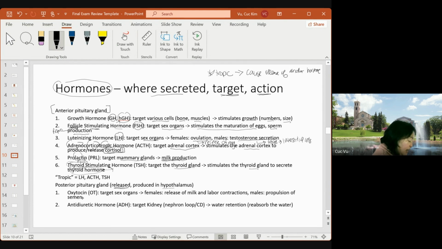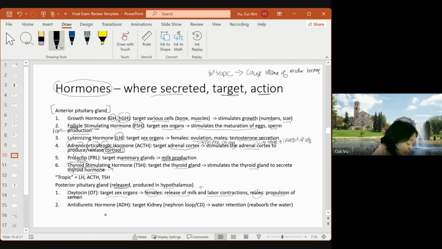Oxytocin is one of those. Like we talked about before, oxytocin targets the sex organs, both male and female. In females, it's going to cause the release of milk at the same time as labor contractions. And it makes sense that they go together, right? Because the body knows that when the baby's trying to get out, that's when you should start to release the milk that's been produced. In males, it's going to cause the propulsion of the semen to help it move further.